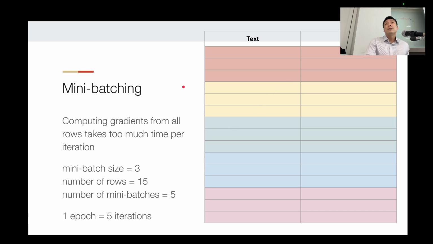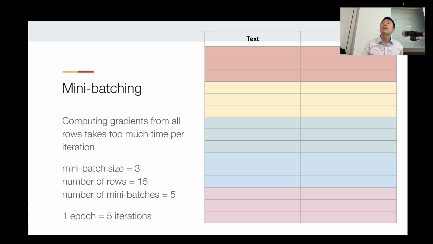So what we do in practice is mini batching. We try to do something in between. Computing the gradient for all rows takes too much time, so we don't do that in practice. We do something in the middle, because computing the gradient for just one row is not great either.